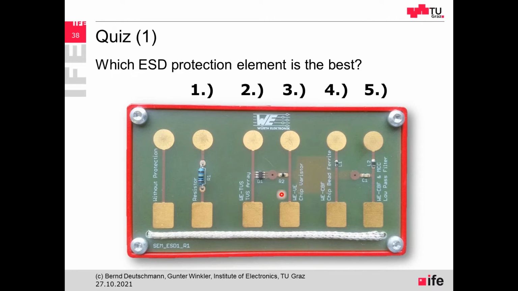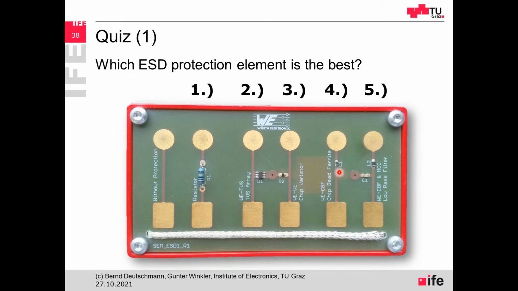Number three is a chip varistor, also connecting to ground, so protecting the electronic system by diverting the current before it can enter the integrated circuit, or in this case, enter the finger of the student. Number four is a chip bead ferrite. So ferrite is more or less the same thing as a resistor, but it's frequency dependent.